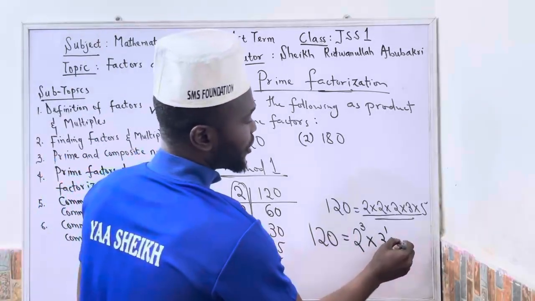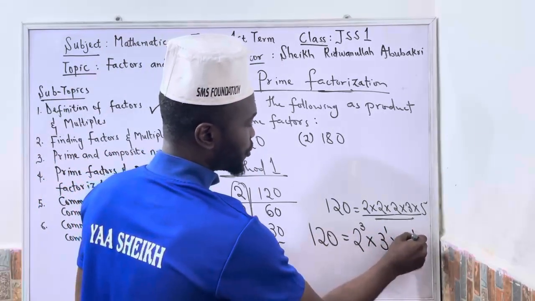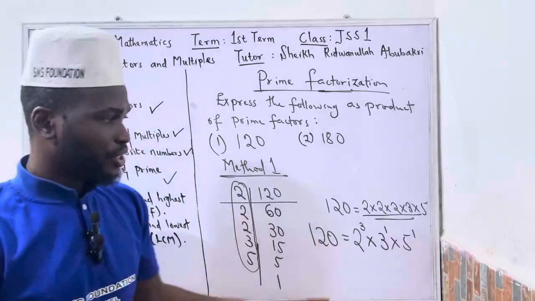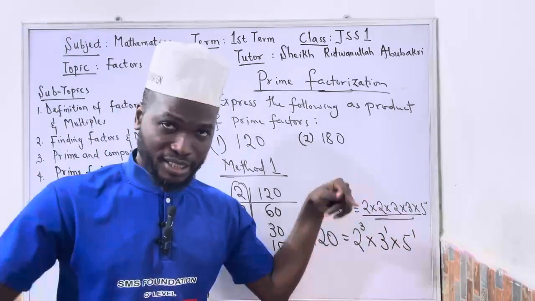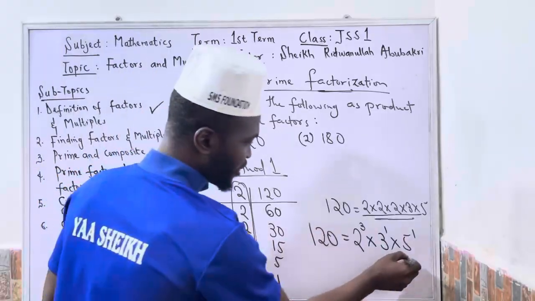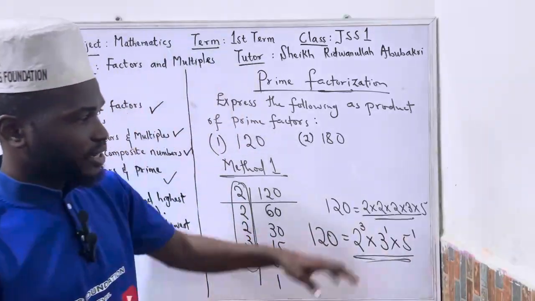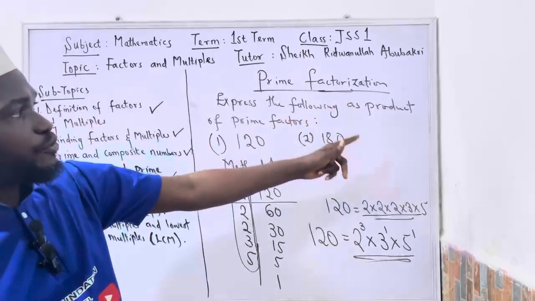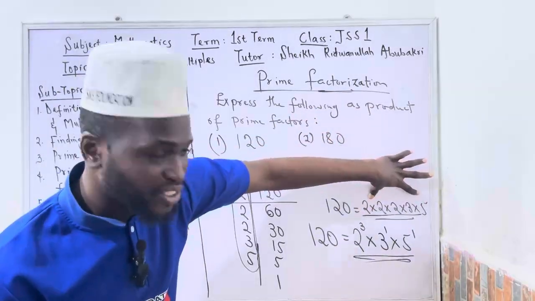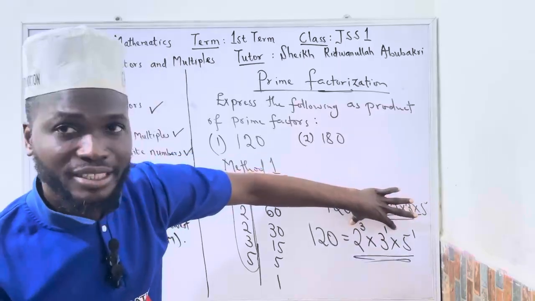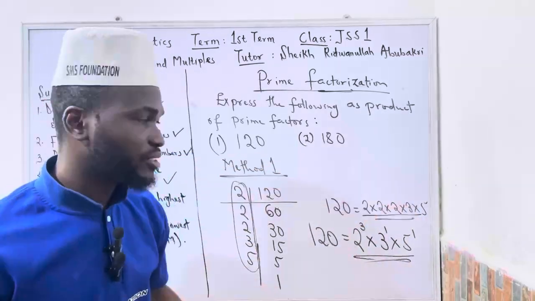Then, how many times does 5 occur? That's once. That's 5 raised to power 1. You can decide not to put the 1. It's never a problem, but you can still decide to put it. It's still the same thing. But this is actually the answer. If the question further says in index form, you might not see the answer in options like this, maybe like this. So any of the two is correct.